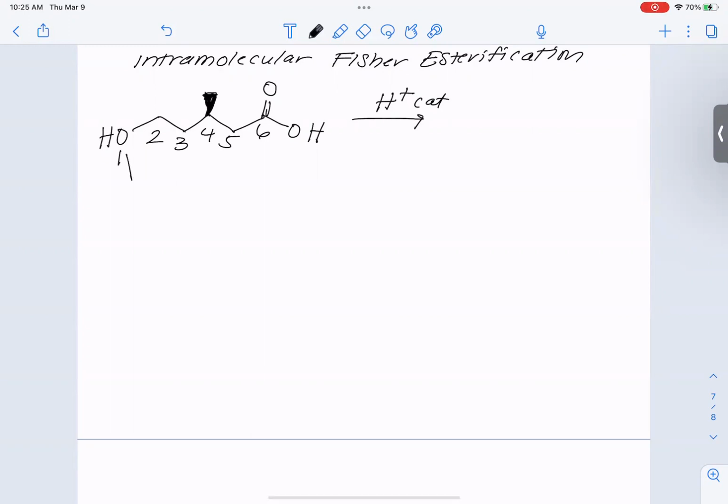Again, this is the nucleophile. There's no change in stereochemistry for that methyl group because it didn't react. It just went along for the ride.